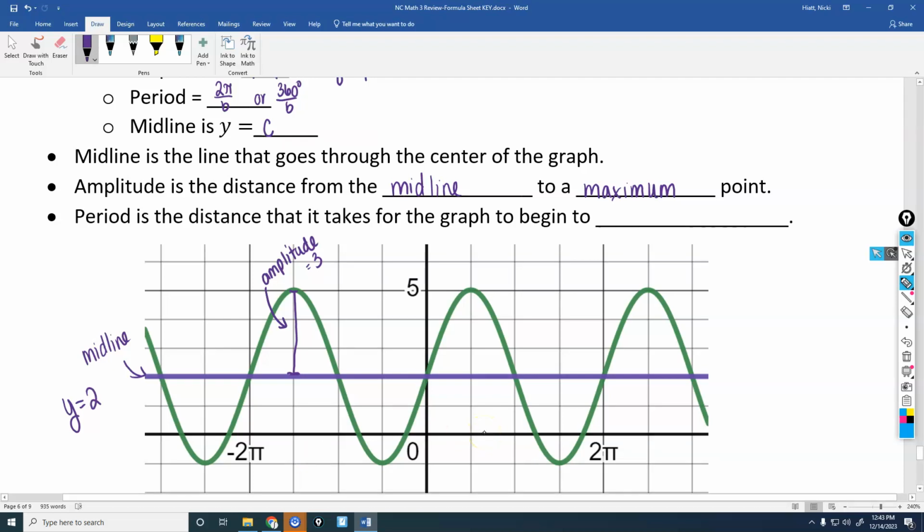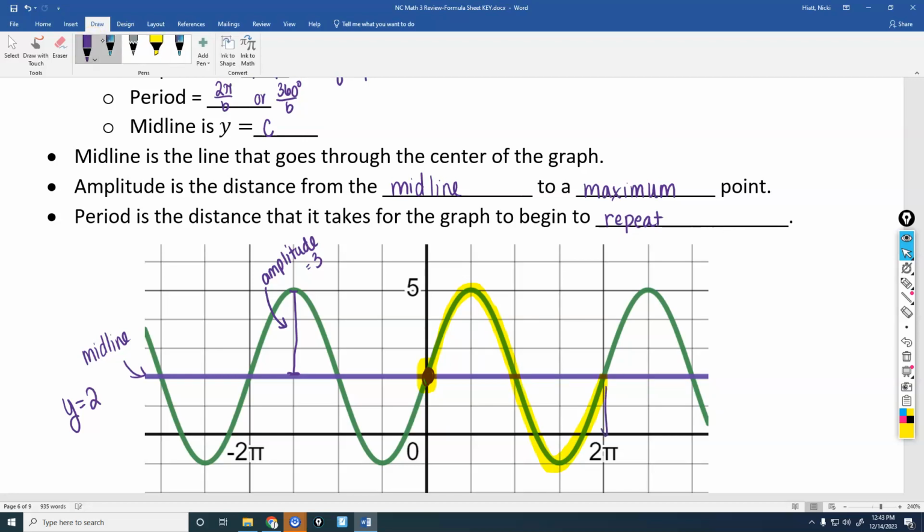And then the period is, in my opinion, the hardest one to find. It is the distance that it takes for the graph to begin to repeat. So what I like to do for that is start at the y-intercept right here. You are looking at that y-intercept, tracing your graph until it starts to repeat itself, which happens right here.